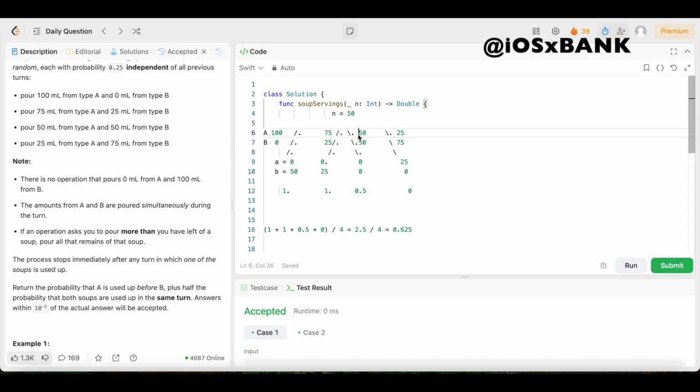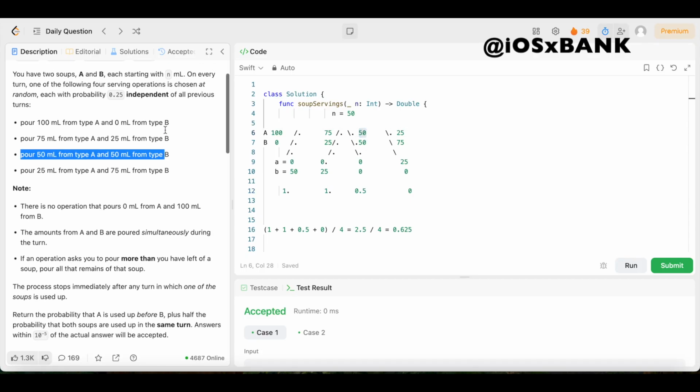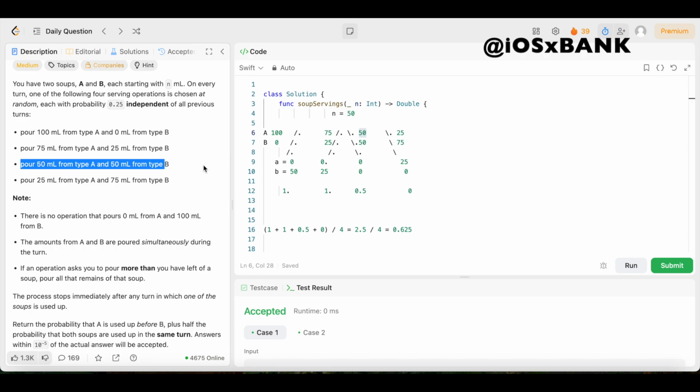Then over here, this is the third serving operation, where we pour out 50 from A and 50 from B. So this would bring both of them to 0. We pour out 50 from A, that gives us 0, A would be empty. Then we pour out 50 from B, that gets us to 0, and B would be empty.